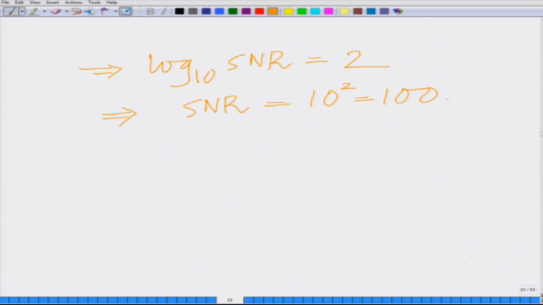So the 20 dB SNR, as we have already seen many times previously, means the actual SNR value is 100.